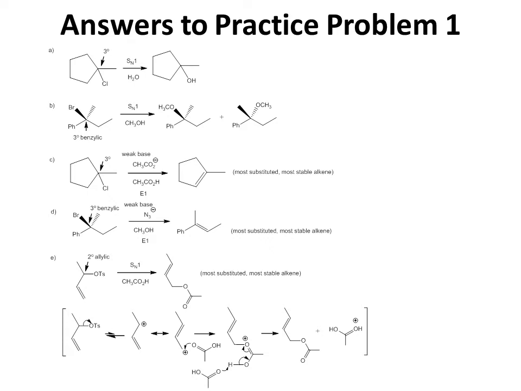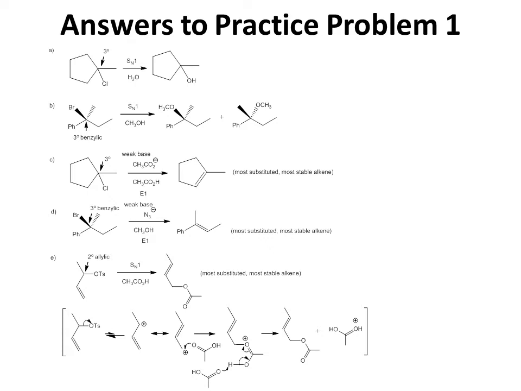In part B, the tertiary benzylic alkyl bromide is going to form a very stable carbocation under these conditions. Methanol is the protic-polar solvent. There is no other weak base, so this is an SN1 reaction.